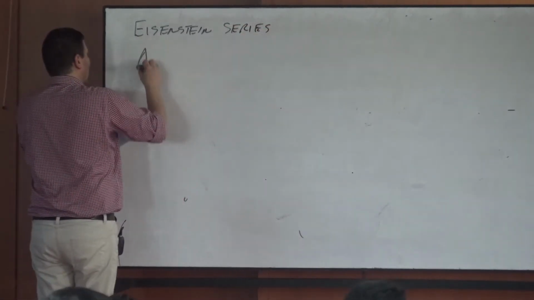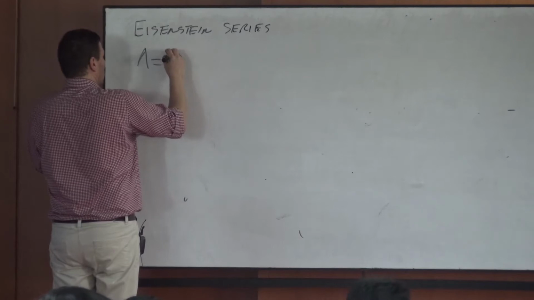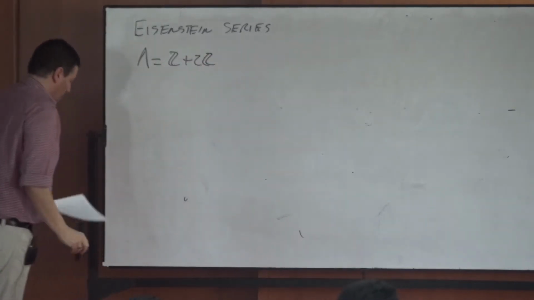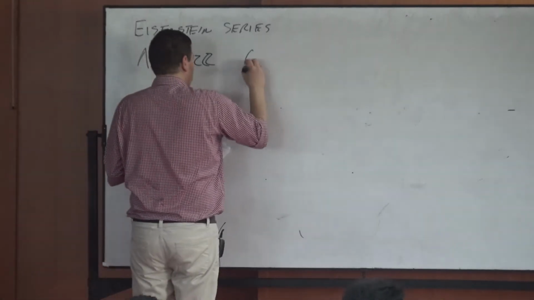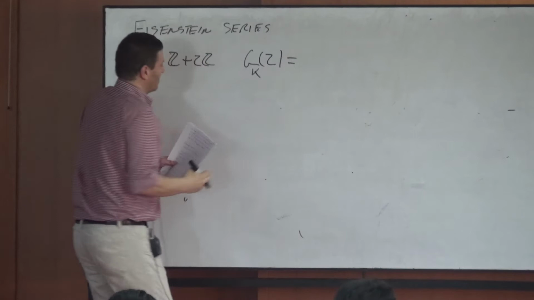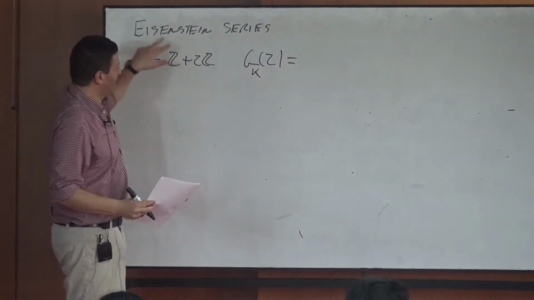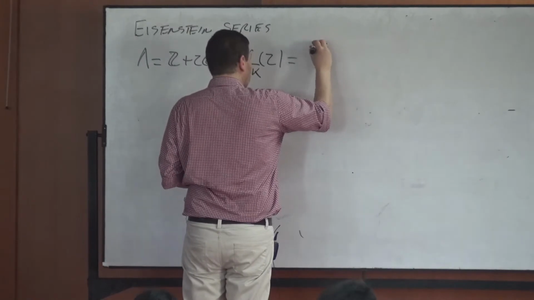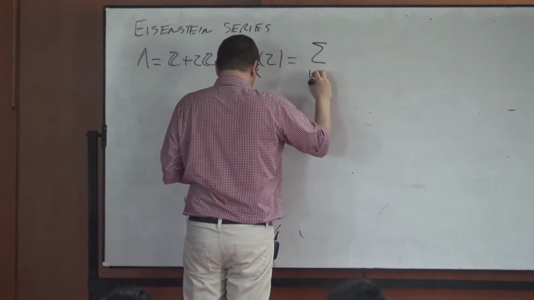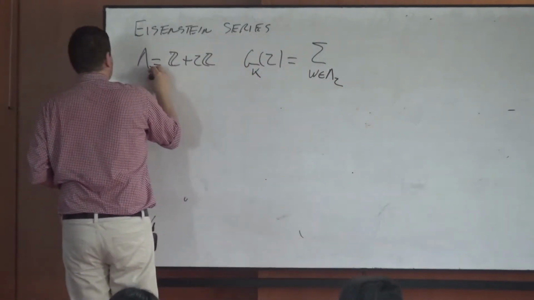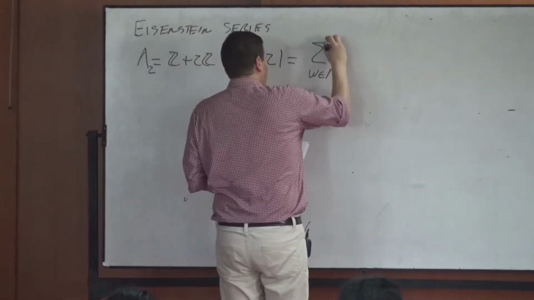If we had a lattice, now the lattice is just of the form Z plus tau Z. The kth Eisenstein series, now indicated as a function of tau instead of lambda as we did before, is the summation over omega in lambda tau prime of 1 over omega to the k.